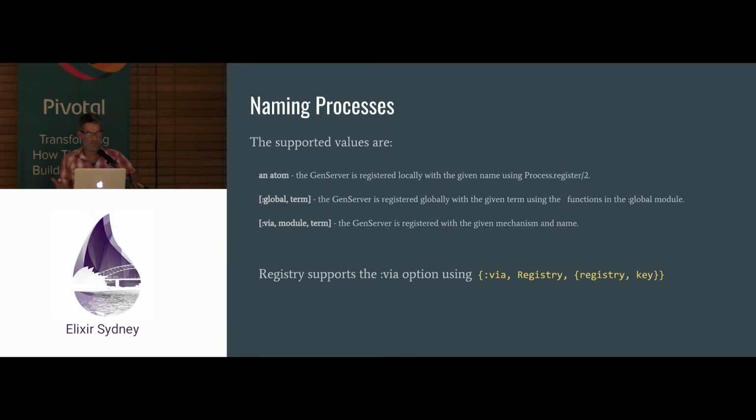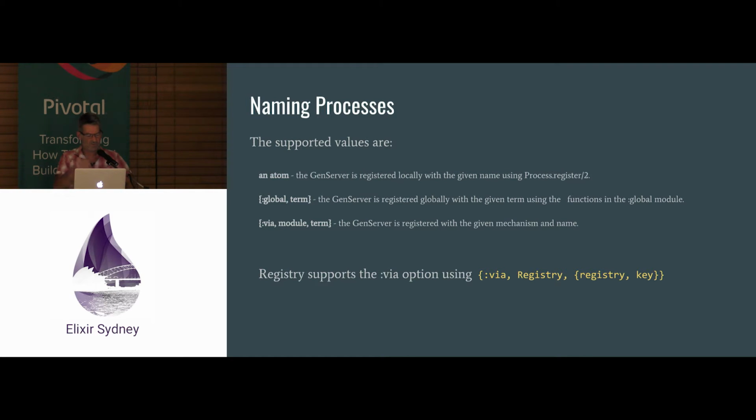You can also pass in a global, and a term is pretty much an arbitrary Elixir value. I'm not going to talk at all about global names, because global means you're in a concurrent environment across multiple nodes, and that's once again a topic for a whole other talk.